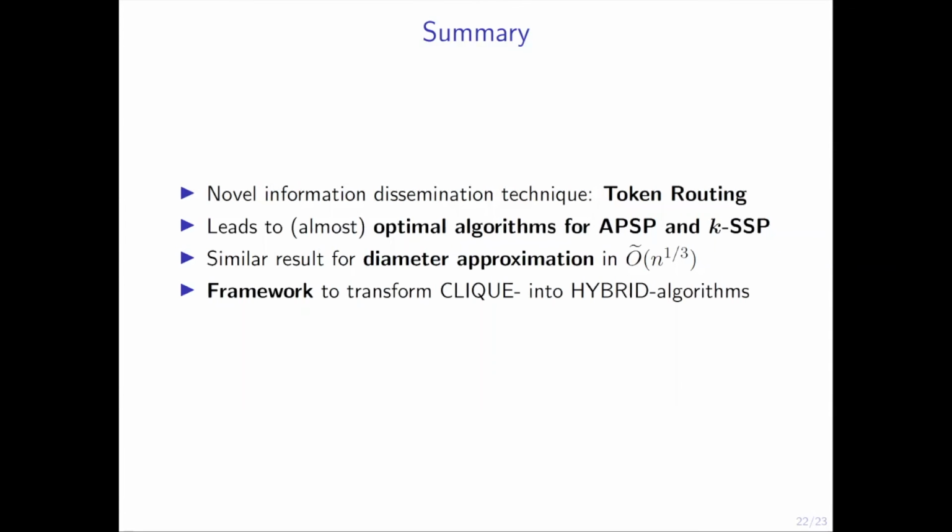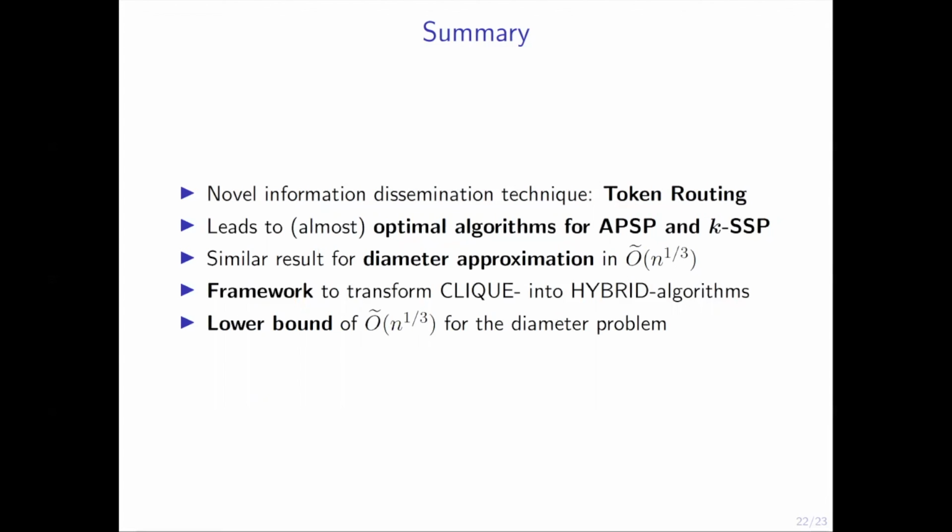In our paper, we try to be a bit more efficient by providing a framework algorithm that automatically transforms a given CLIQUE algorithm into a corresponding algorithm for the hybrid network model. So future improvements for, say, approximation parameters in the CLIQUE model have direct implications for algorithms in the hybrid model.